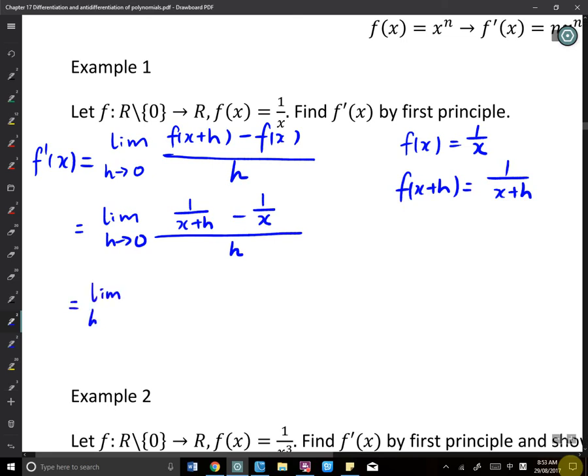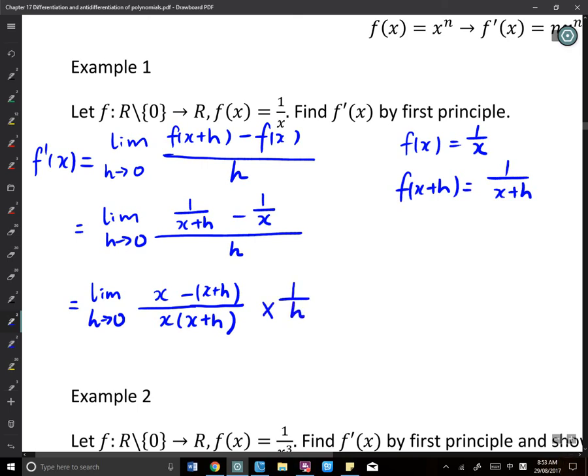What I will do is say that is x over x times x plus h, minus x plus h in the bracket over x times x plus h. Okay, that's only the numerator. And I'll times the 1 over h. I'm not going to put it on another fraction.